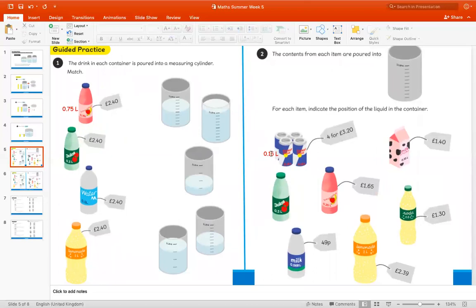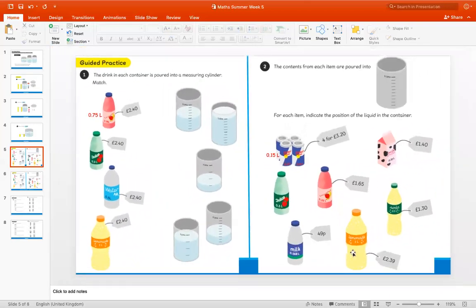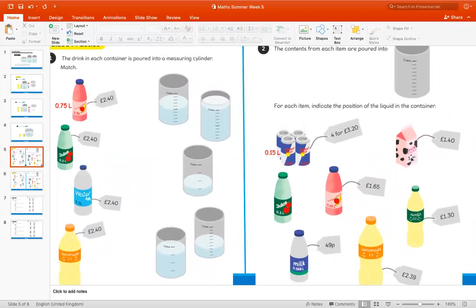Now for the second question, you need to draw a line to show each level. So for this one, this is 0.5 litres. What you need to do is you need to draw a line where you think 0.5 is, and you need to do that for all of them. So this one's 0.3, this is 0.25, 0.568, this is 1 litre, and this is 0.5, and this is 0.33 litres.